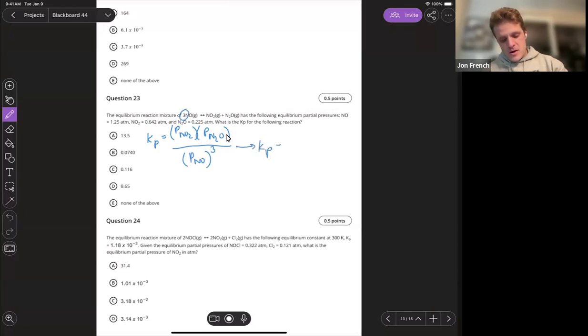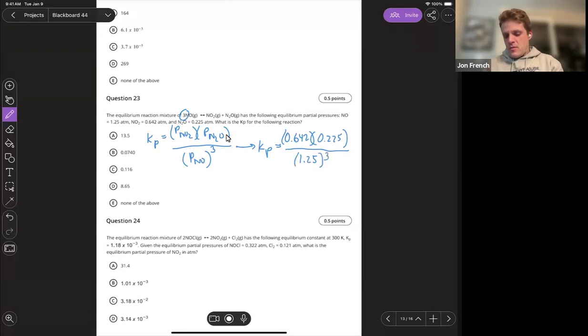We'll plug in the values we know. So nitrogen dioxide is 0.642, nitrous oxide 0.225, and then nitrogen monoxide is 1.25. Cube that.